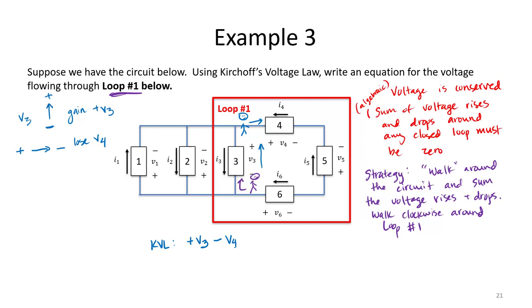So I give V4 a negative sign. Next, I'm about to walk across component 5. So notice with component 5, I'm entering the negative end and exiting at the positive end. So I'm going to an area of higher voltage, I'm going to gain V5.